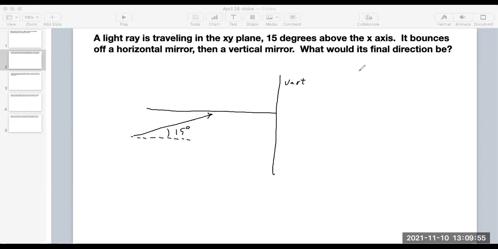But then try being a little algebraic in your approach to see if you can get there also. So we're going to get 2 bounces. Bounce off one then the other.